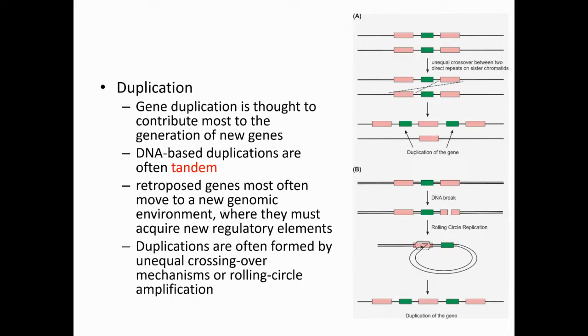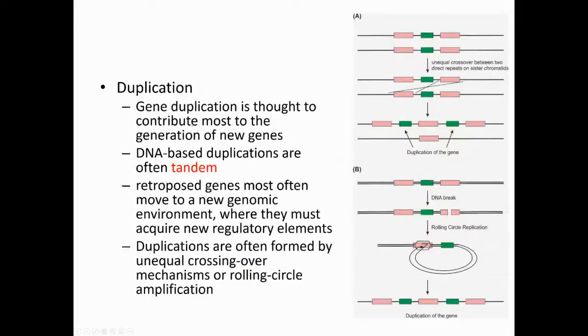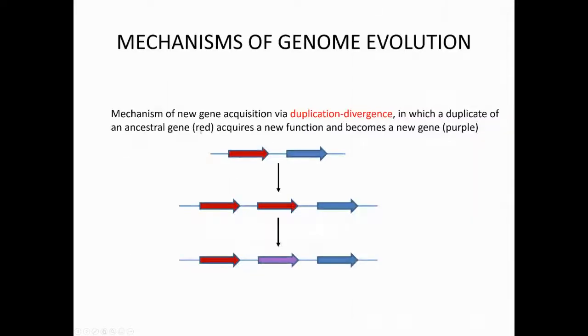And also a new gene can come from de novo origination. Basically, a protein-encoding gene occurs when the gene emerges from a non-functional DNA sequence that previously was not a gene. So the new gene can come from duplication, through duplication divergence.